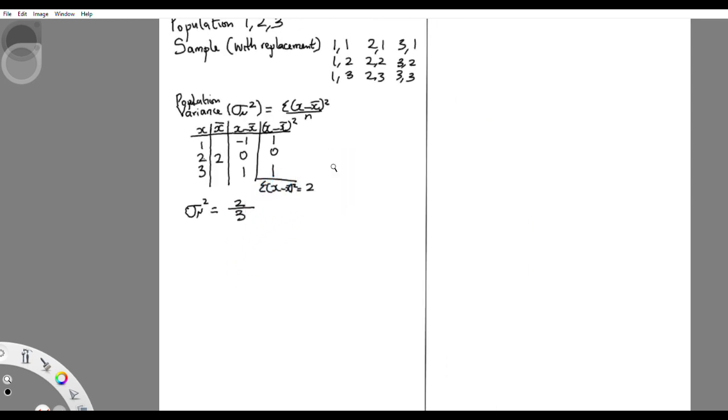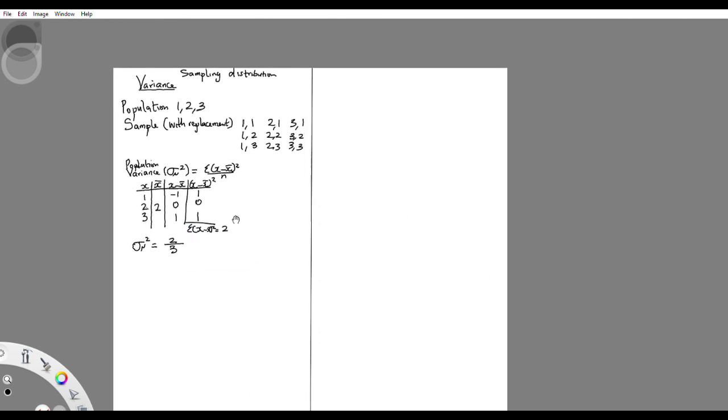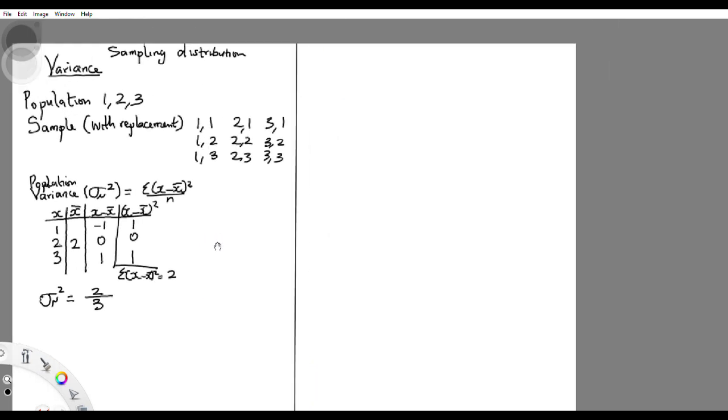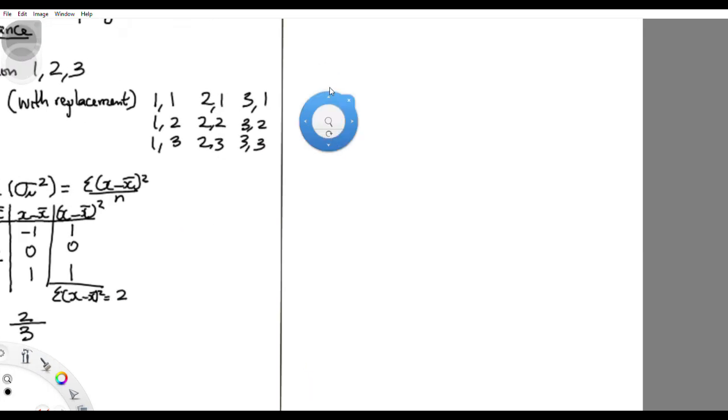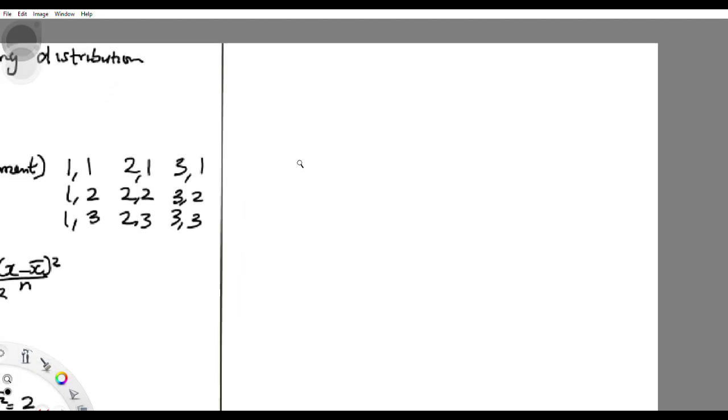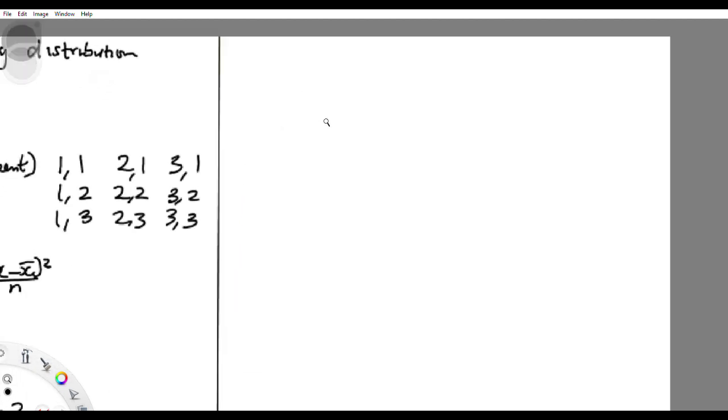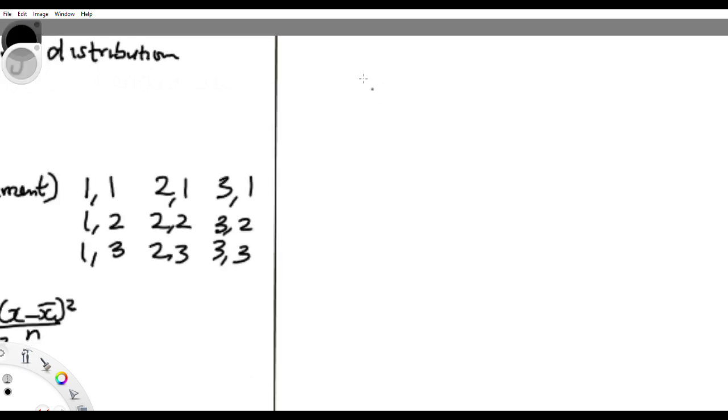Remember, from the samples, let me work it side by side here. Finding the midpoint, you have 1 plus 1, that's 2, 2 divided by 2 is 1.